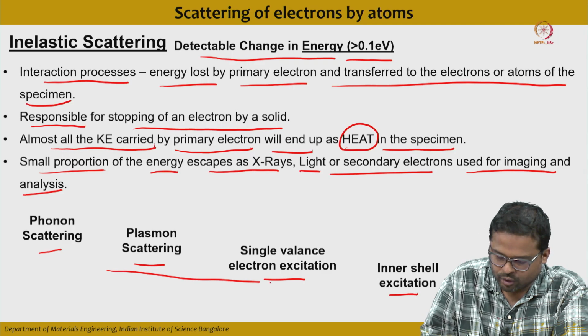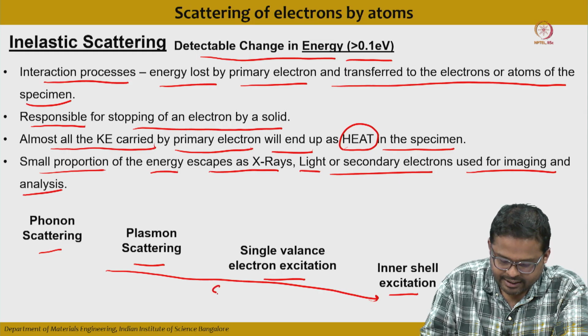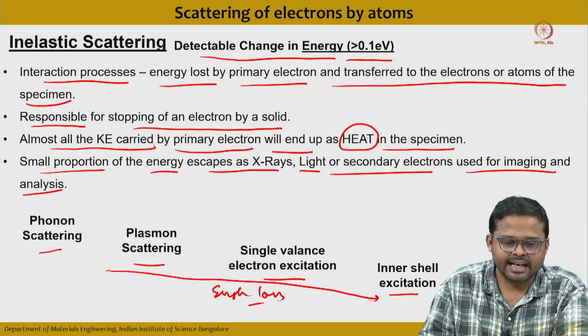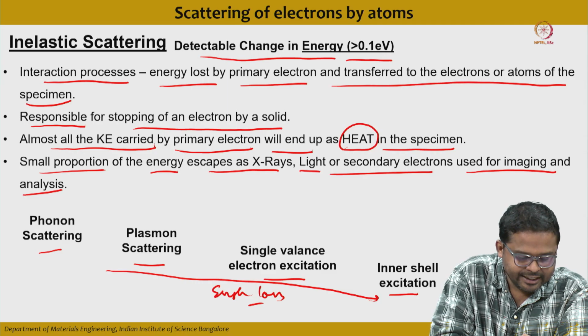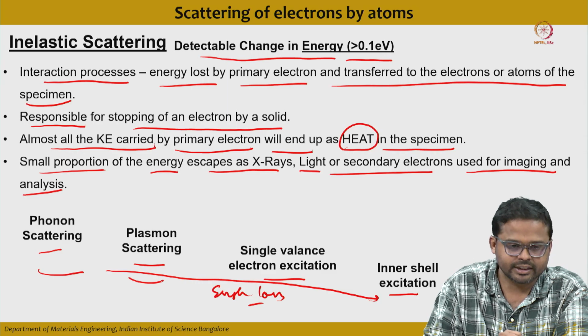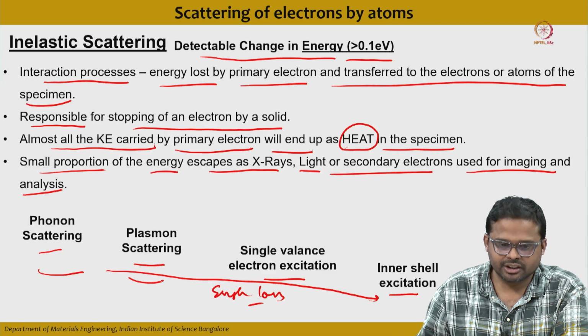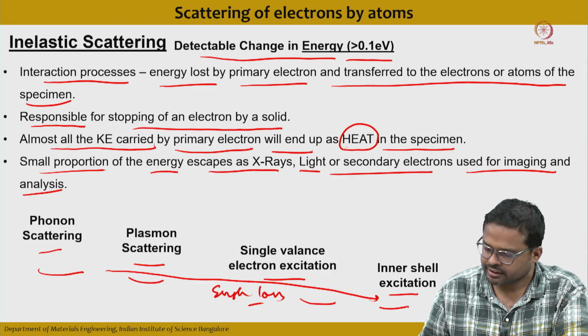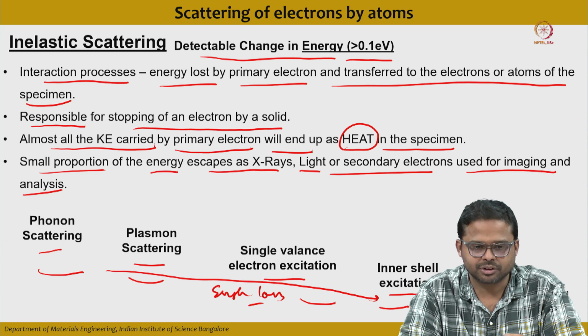This order goes with the energy loss. It means that a very small amount of energy loss can lead to phonon scattering or plasmon scattering. For higher energy loss, you will have single valence electron excitation and inner shell excitation, and finally there is complete absorption.